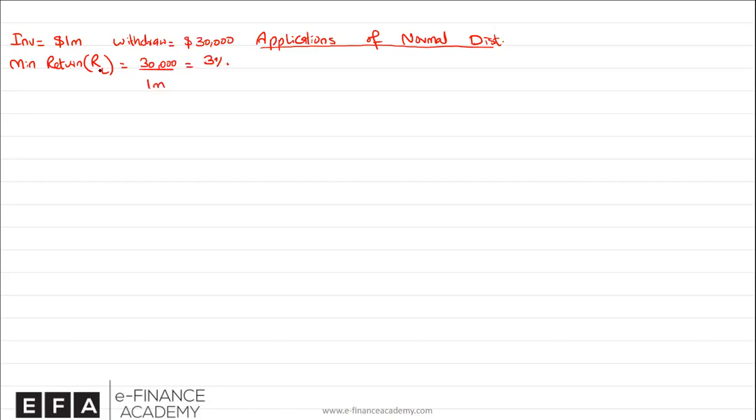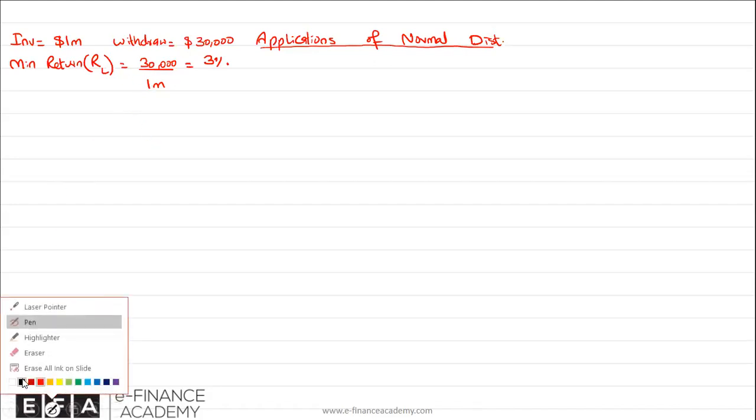So let's say RL represents the minimum return that the investor is looking for. And let's say there are two funds that the investor wants to choose from, to see which fund is safer or less risky in terms of achieving the minimum return.